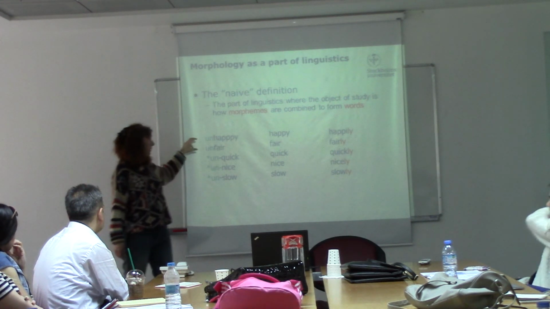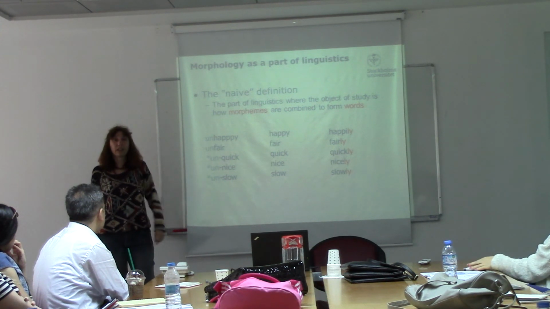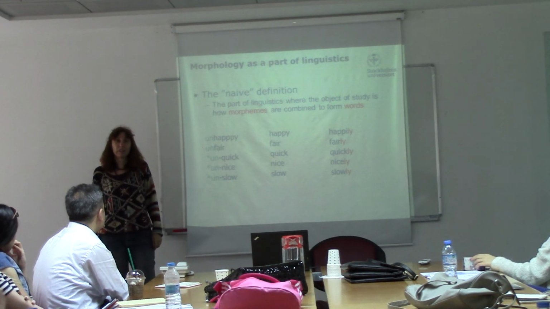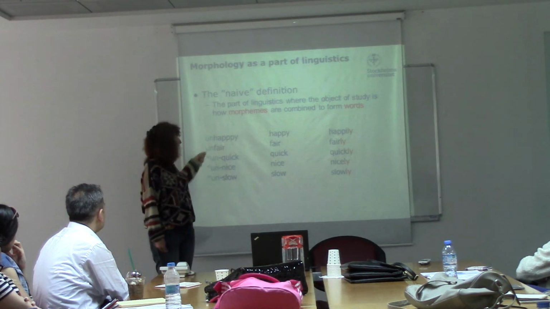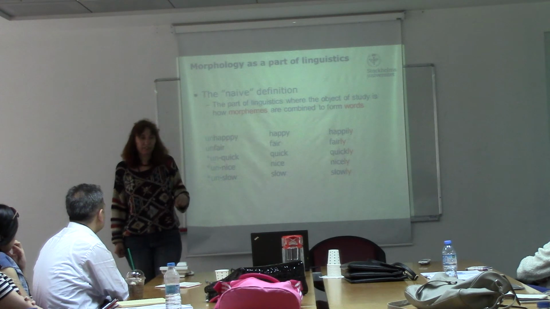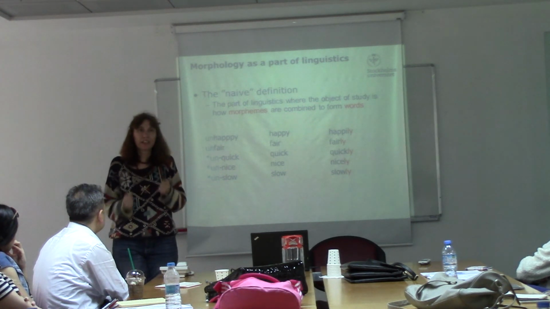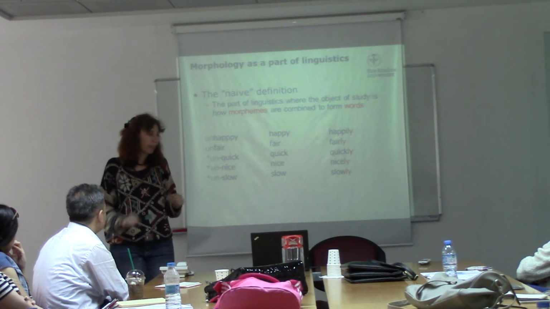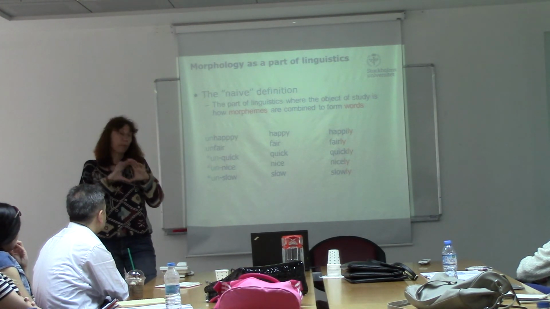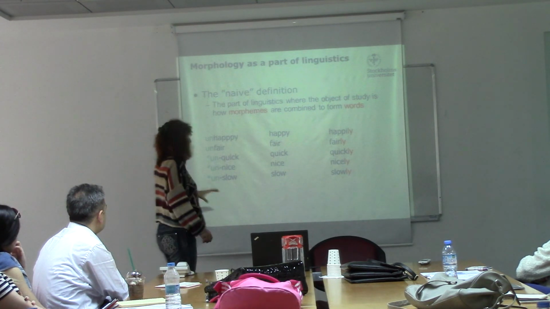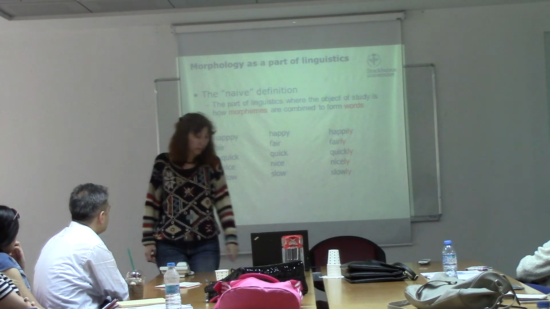And other elements have more abstract meaning, and they usually do not occur on their own. They do other things, such as changing the word class category, changing the tense aspect category, so they can be said to belong to grammar, whereas more meaningful referential elements can be said to belong to lexicon.